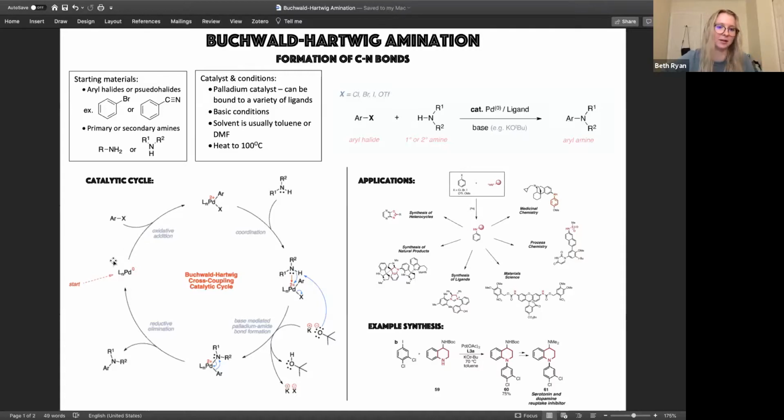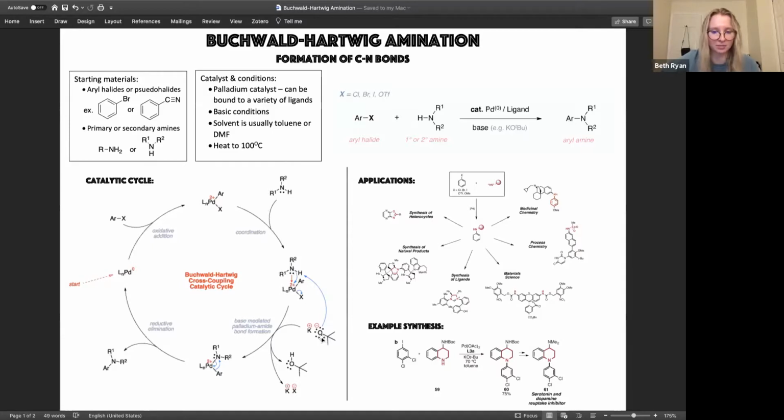So here's the catalytic cycle. Like Scott mentioned, it's basically the same for all of them. So oxidative addition, so the palladium is oxidized. It kind of just sticks itself between the aryl group and the halide, or that leaving group. Then the nitrogen group that you're trying to add, the primary or secondary amine, coordinates in and forms a bond with the palladium and ejects that halogen, that leaving group.